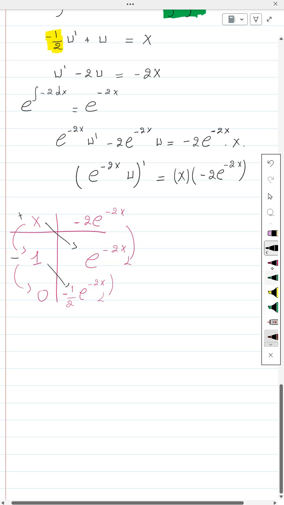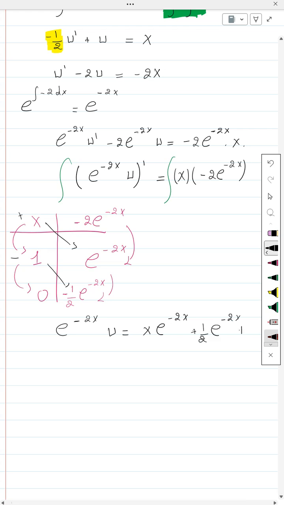So by integrating both sides, we're going to obtain exponential minus 2x u is going to be equal to x exponential minus 2x plus 1 over 2 exponential minus 2x plus c.